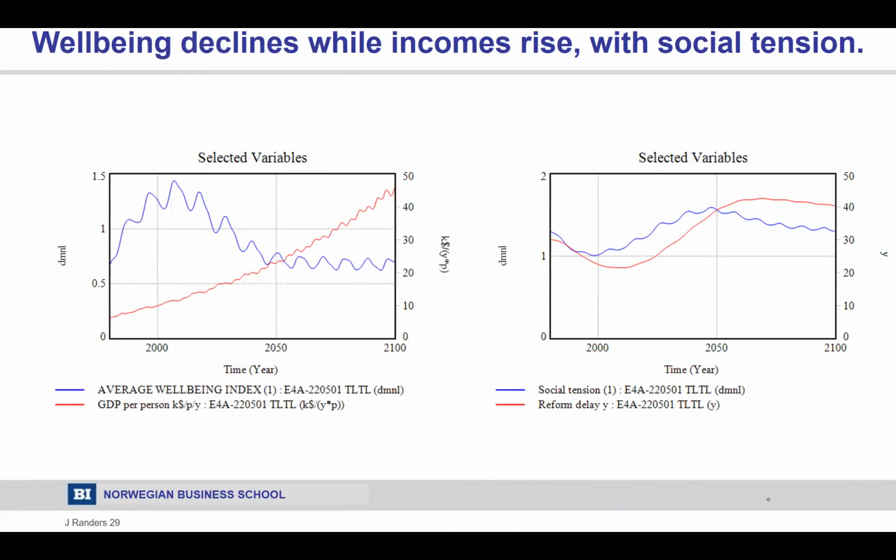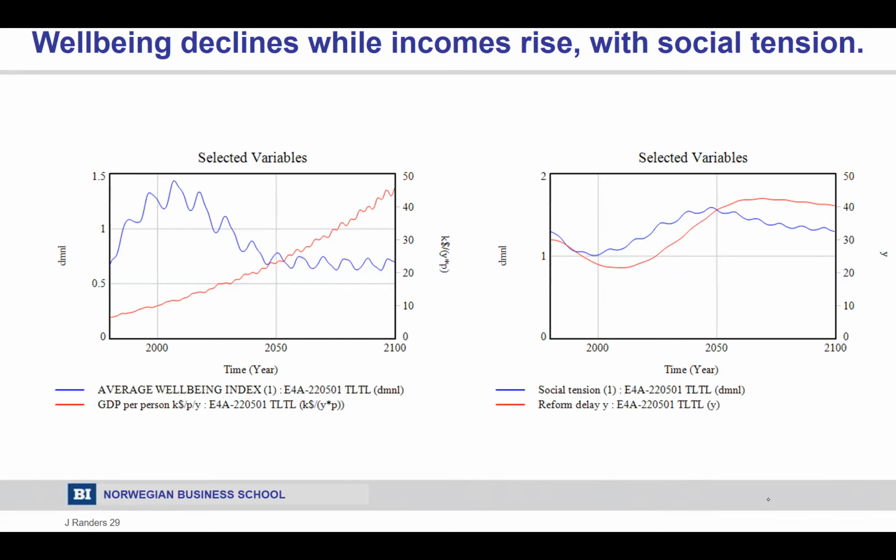And then finally, we reach the proof of the pudding, which is the average well-being index. And you see, as you have gleaned from the earlier ones to the left, that the average well-being index rises during the first period, 1980 to 2010, and it basically declines until 2050 and stays at a low level.